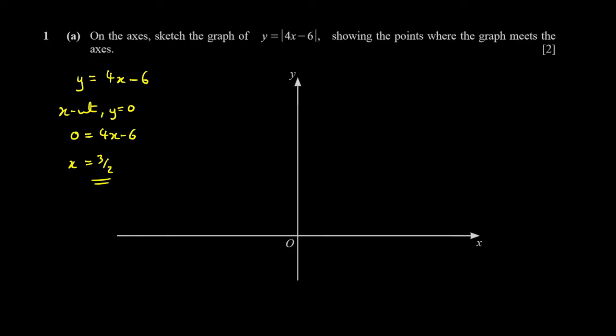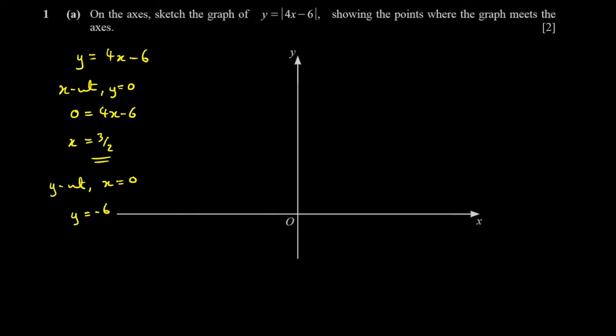And we will get the y-intercept. Y-intercept is when x is equal to 0. So y will be equal to negative 6. So if I was to plot this on a graph, right? 1, 2, 3, 4, 5, 6, and then 1, 2, right?